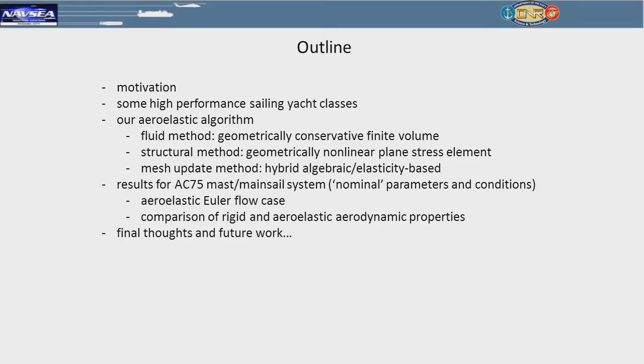And give some results for the AC75, which is the current America's Cup yacht class, under some nominal conditions that we thought were reasonable, and compare some of the integrated aeroelastic properties of that simulation and analysis. And some final thoughts at the very end, and a few brief words on future work.